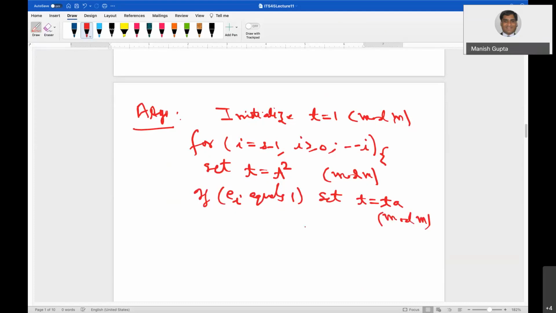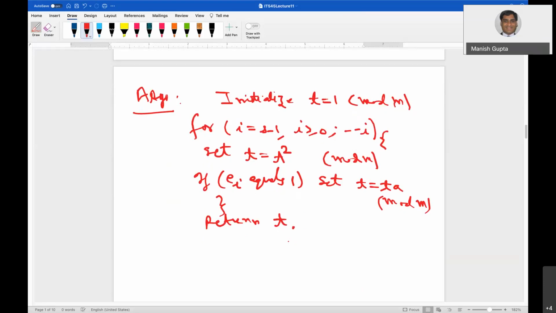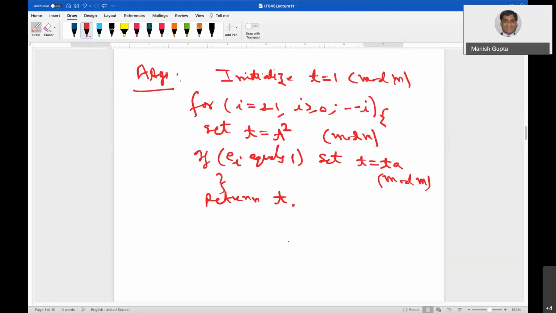And then finally we return t. So in this step we are doing the square, and here we are multiplying if ei is equal to 1. If ei is equal to 0, we are ignoring that.